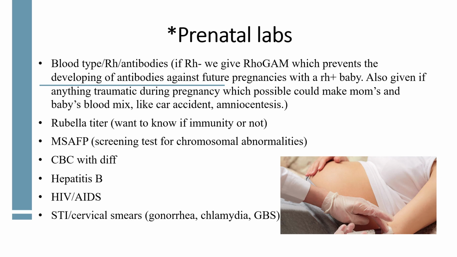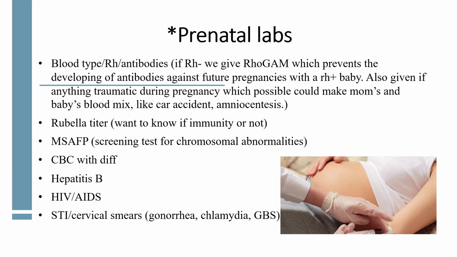All right, so we also want to test for her CBC, which includes her baseline hemoglobin, as well as her white blood cells and so forth. We also want to test for hepatitis B because of the exposure to the actual fetus, potential transfer to the fetus. We will also collect blood to test for HIV as well as AIDS.